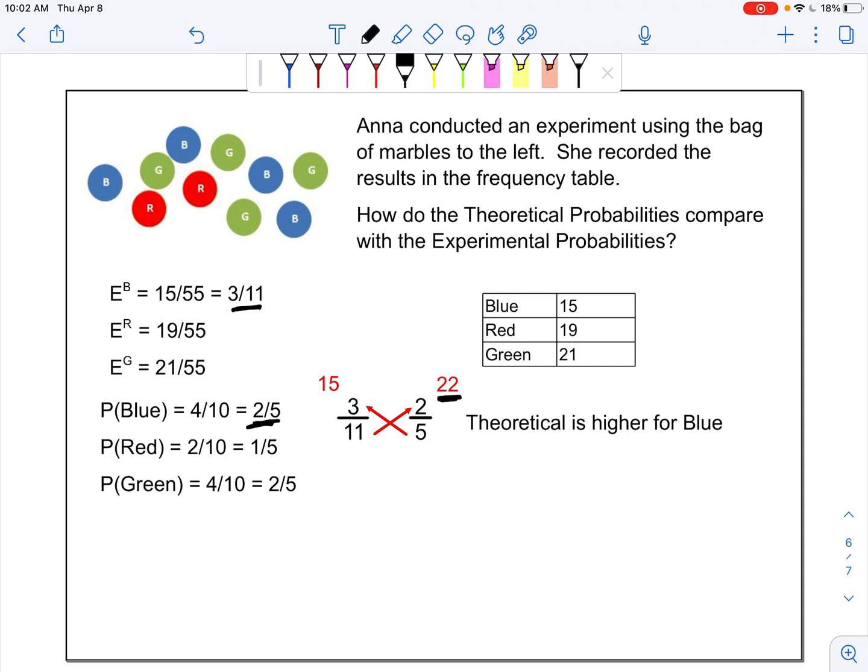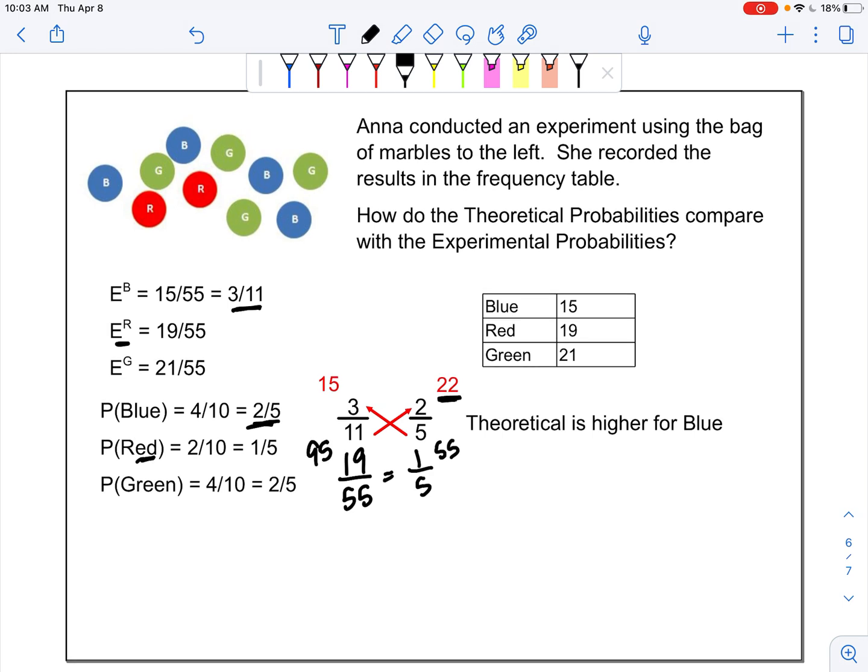So let's just keep doing that. So I have 19/55ths. How does that compare to 1/5? So now we're doing the red. So this is 55, and then 19 times 5 is 95.